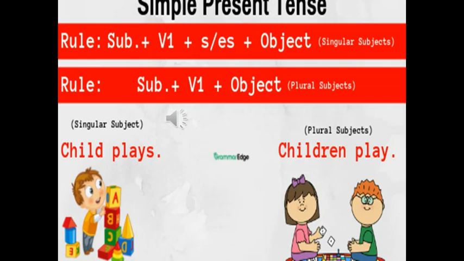If it is assertive sentence, then we use subject plus first form of the verb plus s or es plus object. Now, it is clearly mentioned that s and es is used with singular subjects, and with plural subjects we use only first form of the verb. Example is given, child plays and children play.